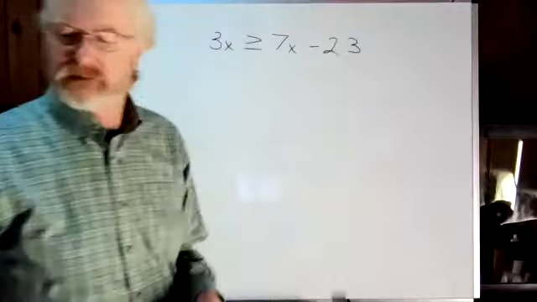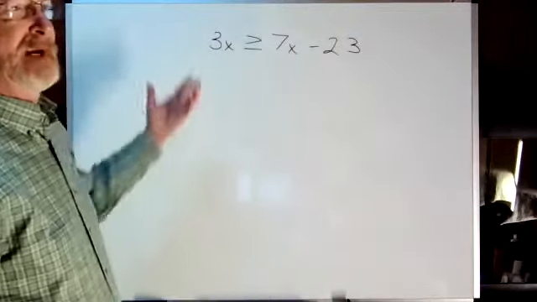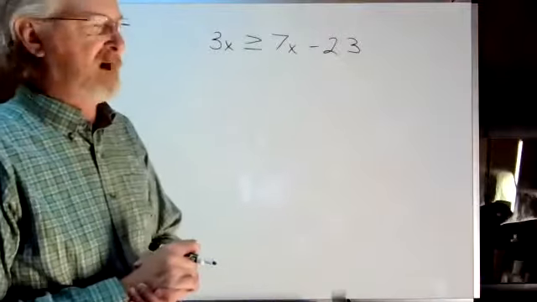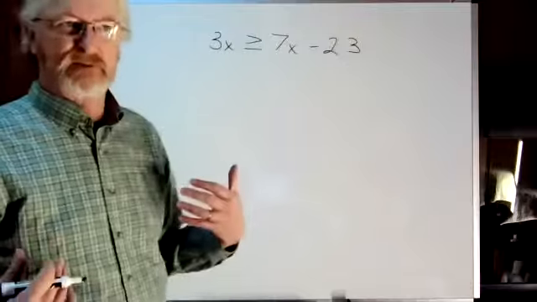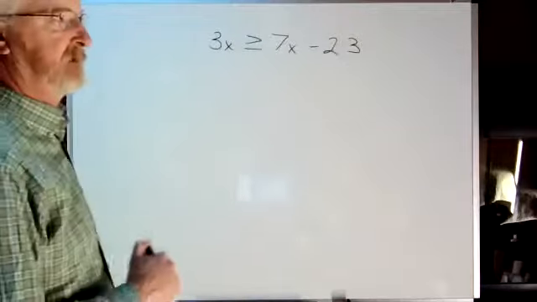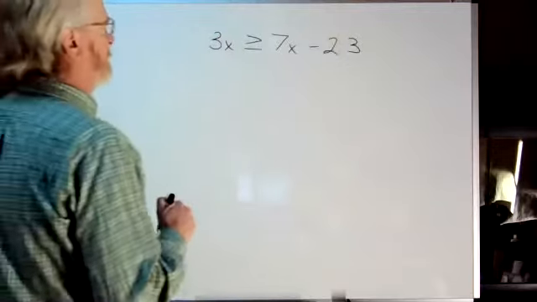Just a couple more examples like this. Here's one where we have variables on both sides, just like that might have happened in our equations. We want to get all the variables to one side and all the constants on the other, just like we do with our equations, and then go from there, add, subtract, multiply, divide.